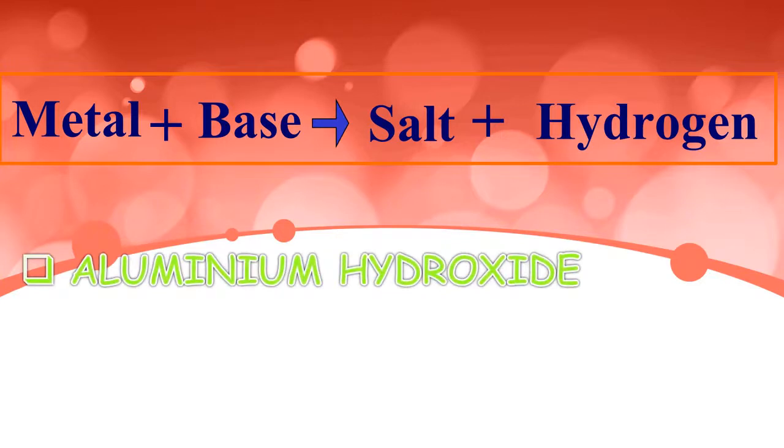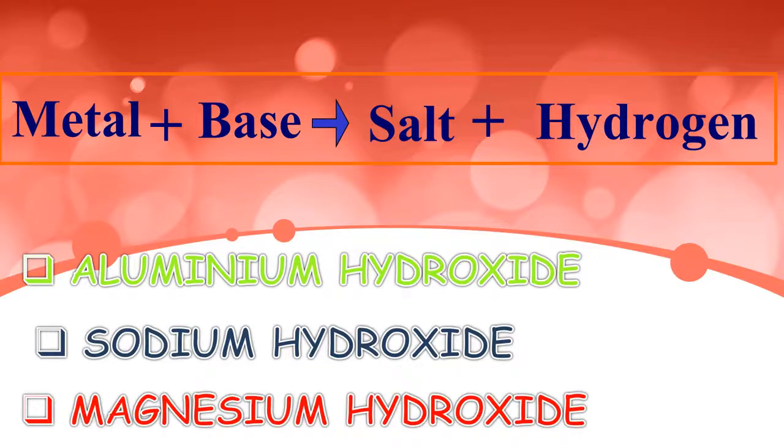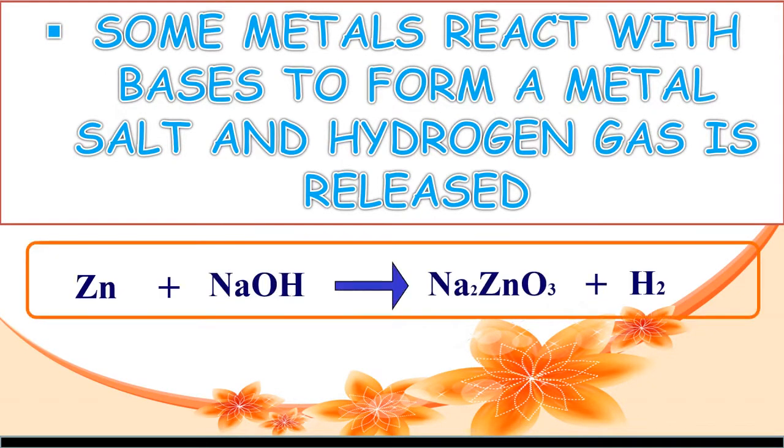Aluminium hydroxide, sodium hydroxide, magnesium hydroxide. When metals react with bases, they will produce hydrogen gas and form a metal salt. In this reaction, zinc reacts with sodium hydroxide to form a metal salt and hydrogen gas is released.